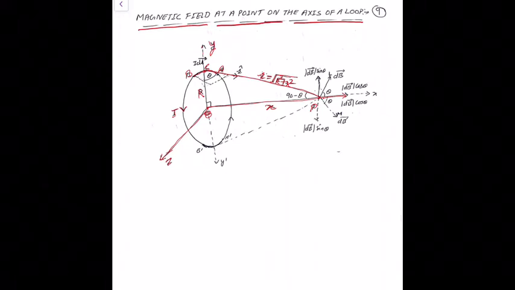Obviously, angle BCP or ACP is equal to 90 degree. Here angle 90 degree. Clear?